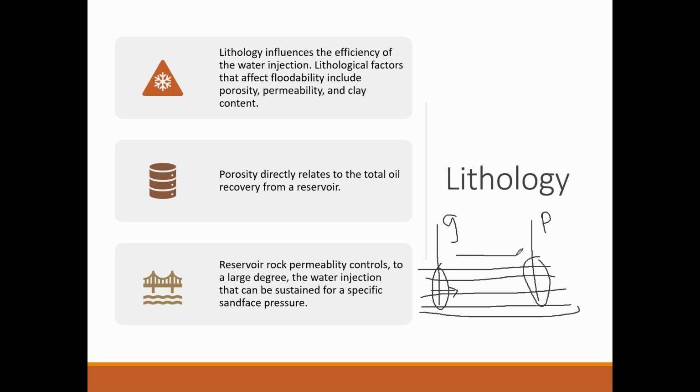But what about the heterogeneity between this injector and producer? You are not knowing. So the estimate of porosity and permeability is generally done on a stochastic basis, and you are trying to estimate what might be the porosity or permeability between these injectors and producer.